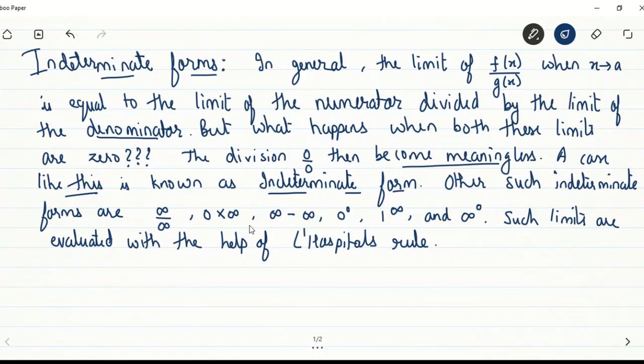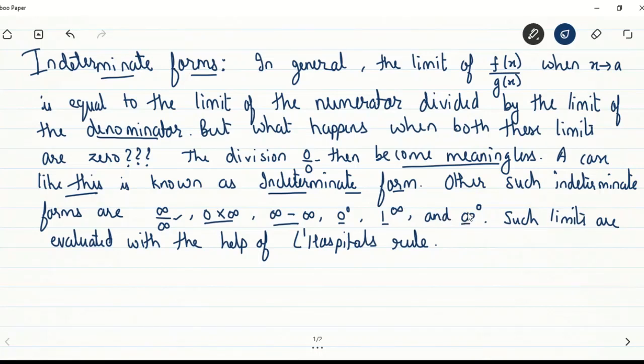There are a total of 7 indeterminate forms including 0 by 0. So this is one form. The second form is infinity by infinity. The third form is 0 into infinity. The fourth form is infinity minus infinity, then 0 raised to 0, 1 raised to infinity, and infinity raised to 0.